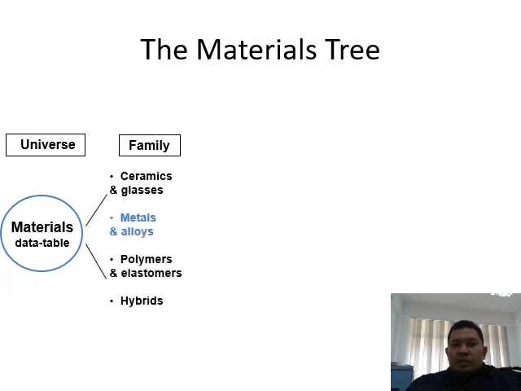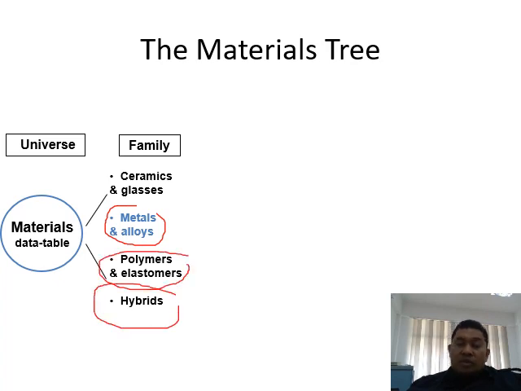okay, from here you have families of materials, which is ceramic and glasses. Okay, here you have metal and alloys, polymer, elastomer, and hybrids, which we call composite. So of course, in the material selection lab, we have the materials universe as well as the process universe.